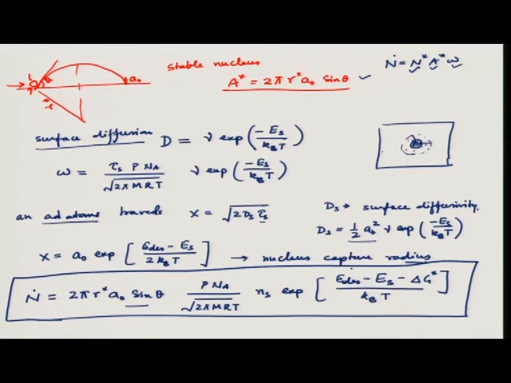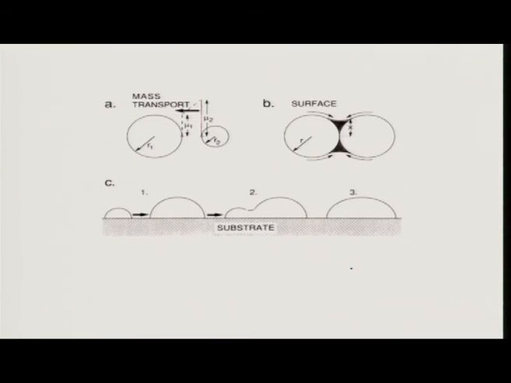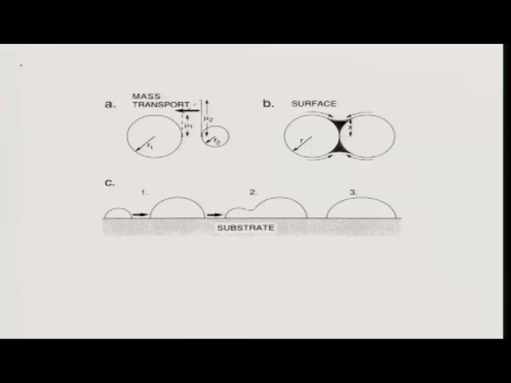Now, one more thing before we end this lecture. These stable nuclei will have to merge together to form a thin film, which we call cluster coalescence. Now, each one of these is a stable nucleus, but they are growing separately.